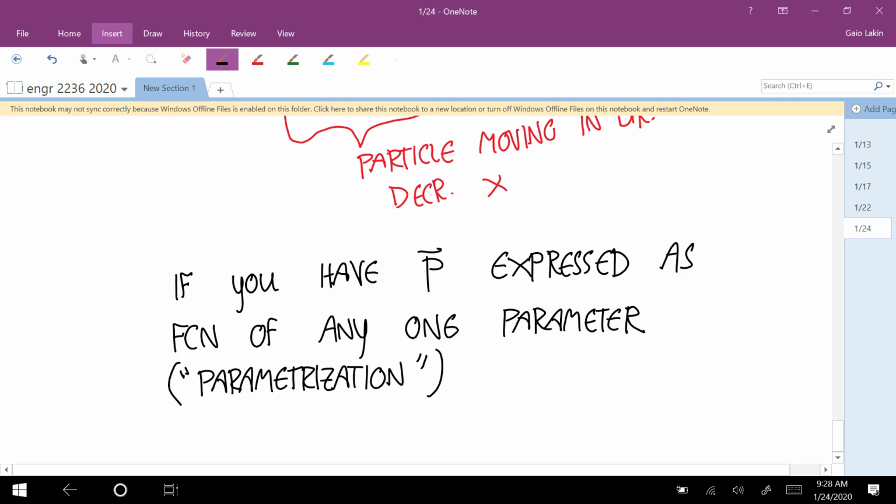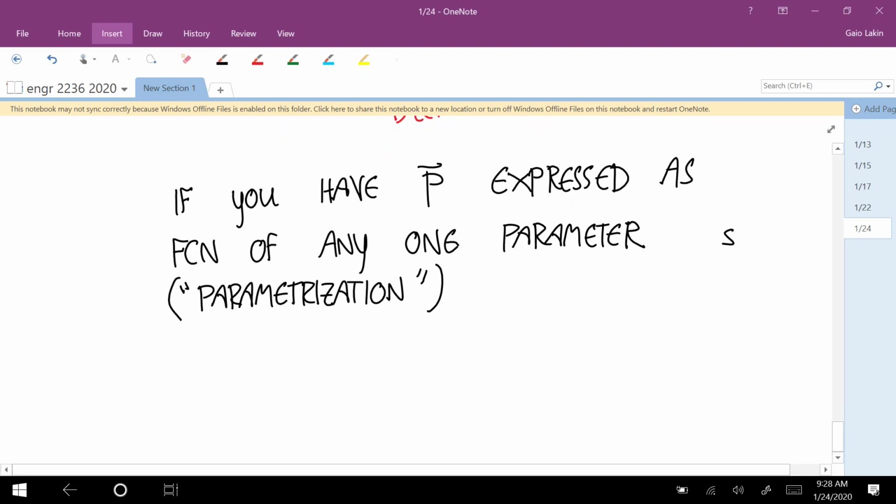And let's call this parameter, let's just call it S for now. It's just anything. It doesn't have to be X or Y. It can just be any variable.